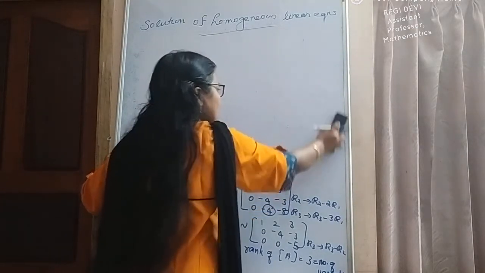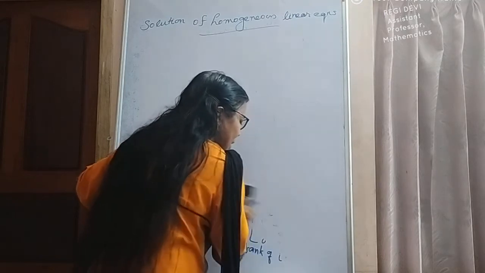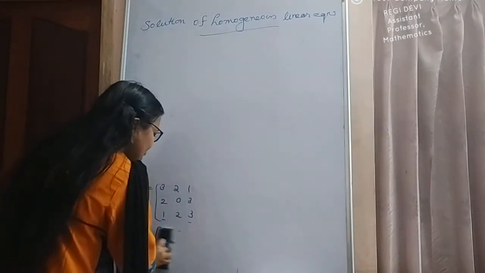The given matrix is a square matrix. Therefore, we have to find the determinant of A. What is the determinant of A?